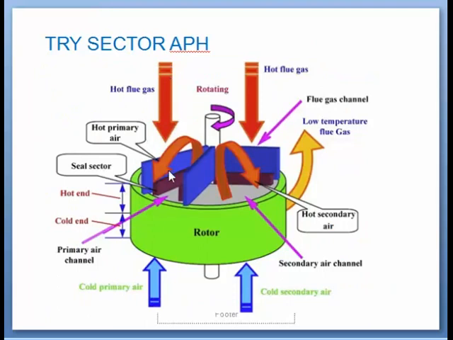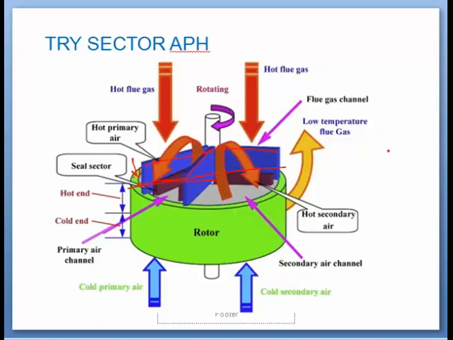So the hot flue gas is coming in that half segment, and the other half, if we divide this, this other portion is for hot flue gas, and the second pass is divided into two parts. One is for primary air and another is for secondary air.